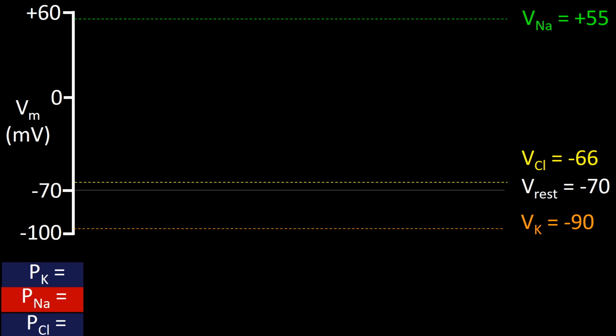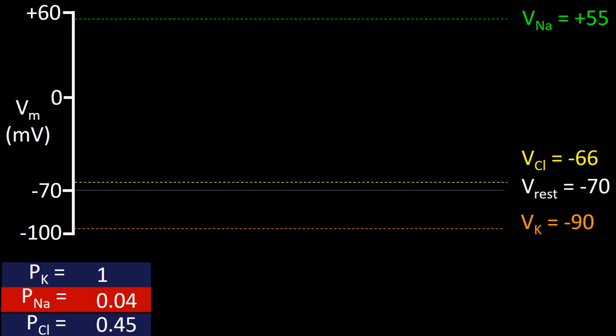Now I have introduced a column with 3 rows to indicate the permeability of potassium, sodium, and chloride. In the second column, you can see 1, 0.04, and 0.45.